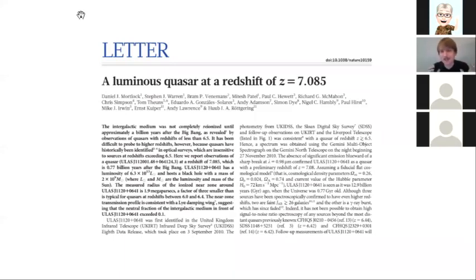We now know of accreting supermassive black holes, high redshift quasars, which reached 1 billion solar masses, even in some cases 10 billion solar masses, or of that order, well within the first billion years of the universe.